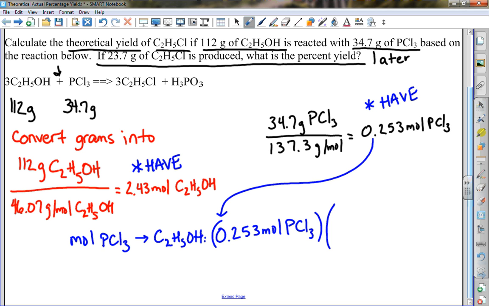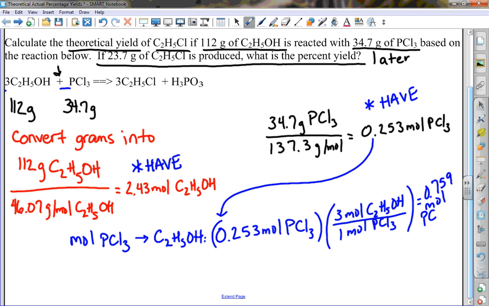Remember your ratios, here are these coefficients. So multiply by 3 moles of ethanol for every 1 mole of phosphorus trichloride, and that's going to give us 0.759 moles of ethanol.